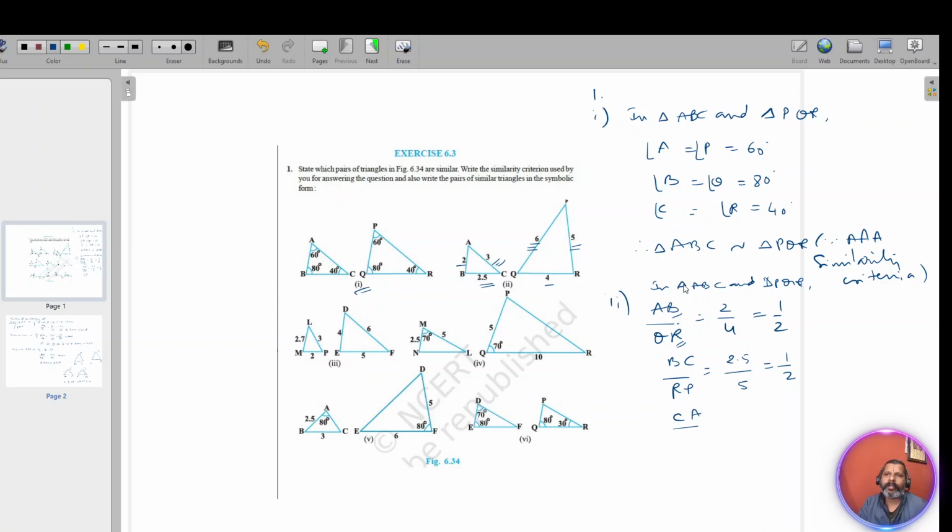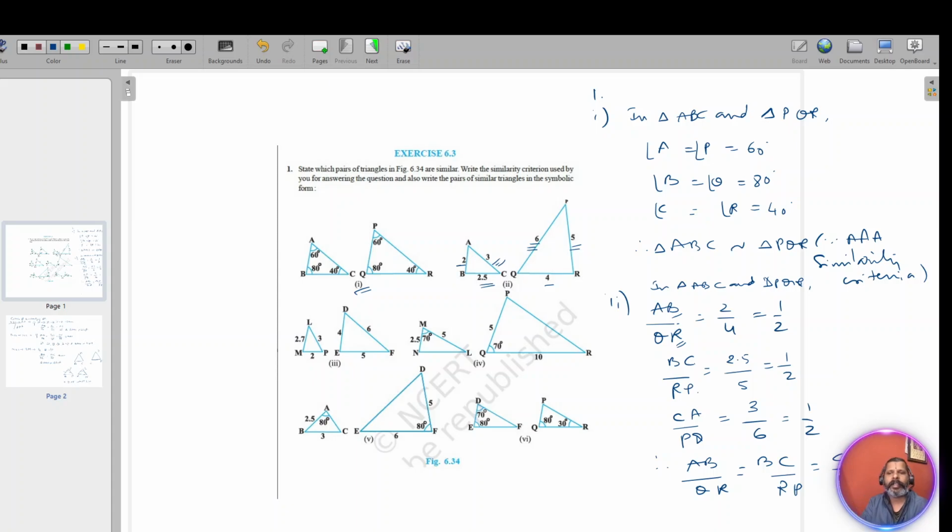The letters are actually the corresponding angles. See, A means Q. C means P. So I can say CA by PQ equal to 3 by 6 equal to 1 by 2. All ratios are equal. Therefore, we can write AB by QR equal to BC by RP equal to CA by PQ.